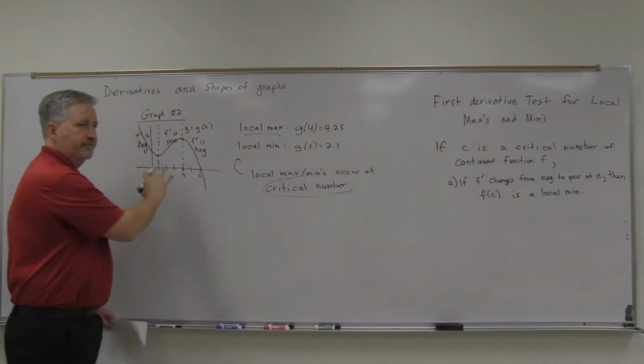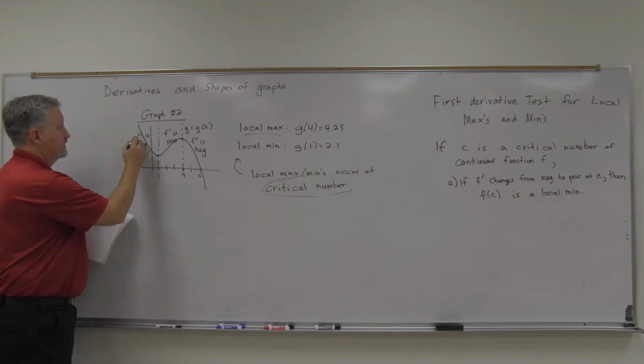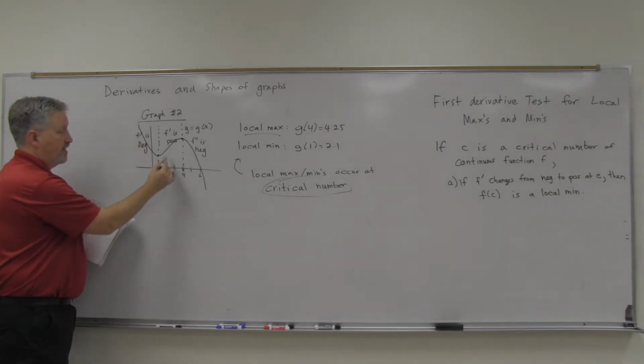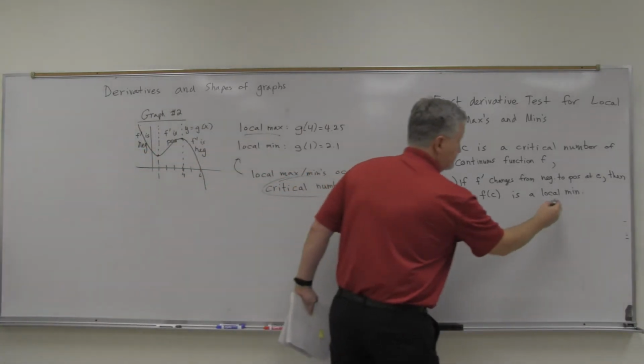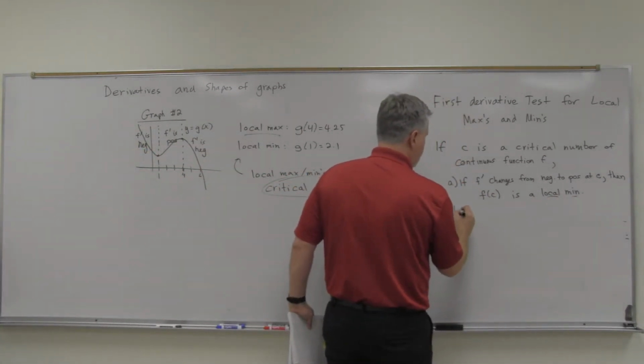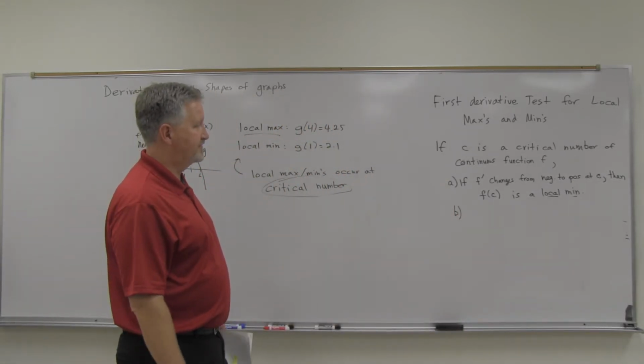Just what this graph here kind of indicates. So we change from f prime negative to f prime positive at our critical number. That's a local min. So that's the first one of the first derivative test.